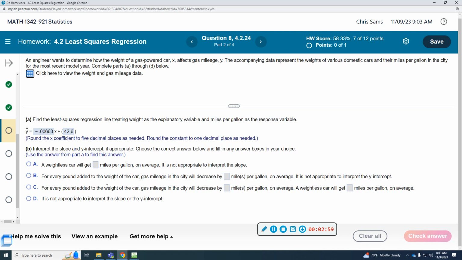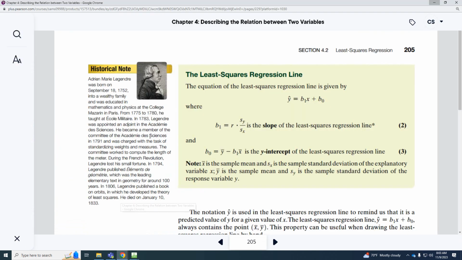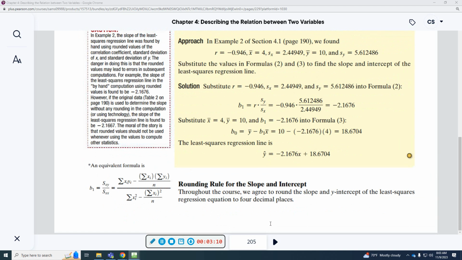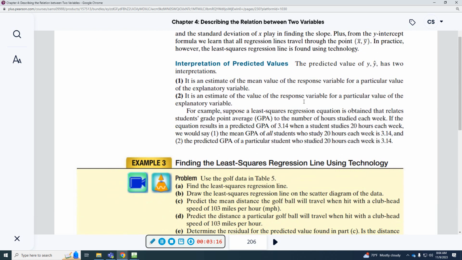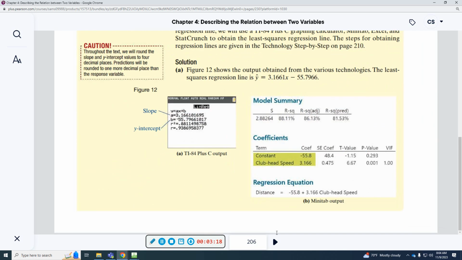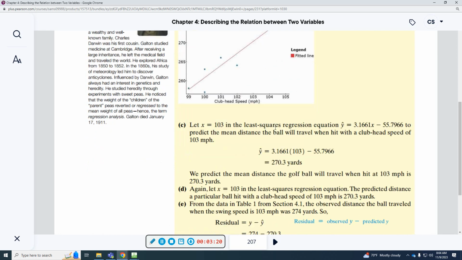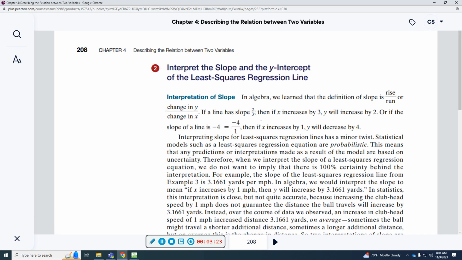So again, if you go through the reading, let me pull it up in the textbook, it gives you a lot more information than just my little overview. But it talks about rounding the slope, which you normally do to 4 decimal places. Where is it at? Talks about interpreting. There we go. So interpreting the slope. It tells you like rise over run in algebra, but when you're doing it with statistics, it's not exact.